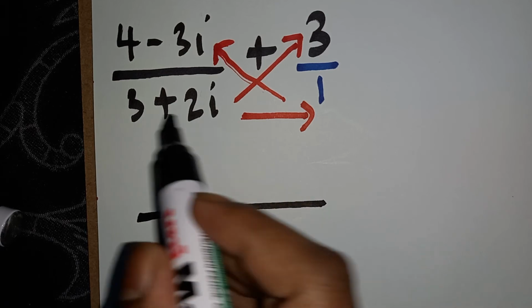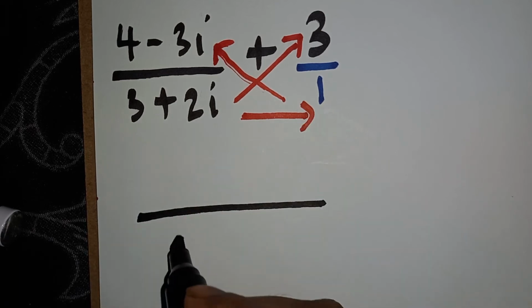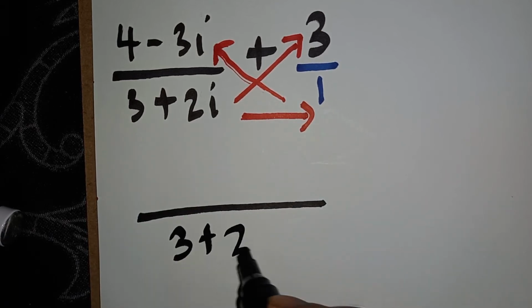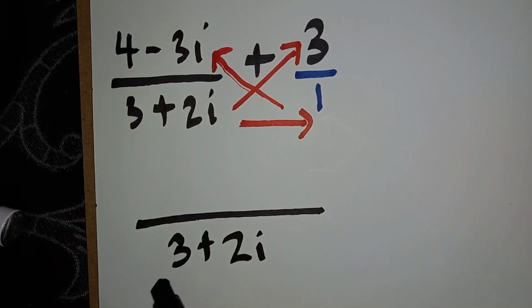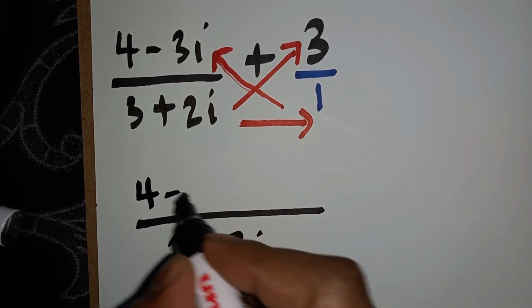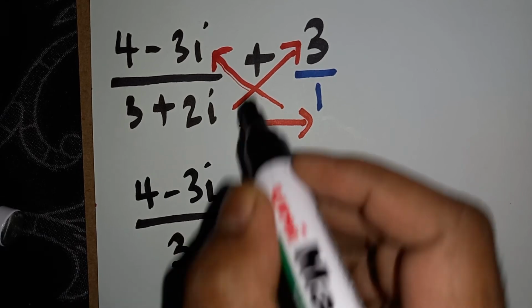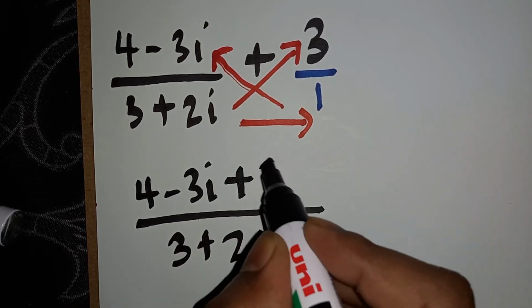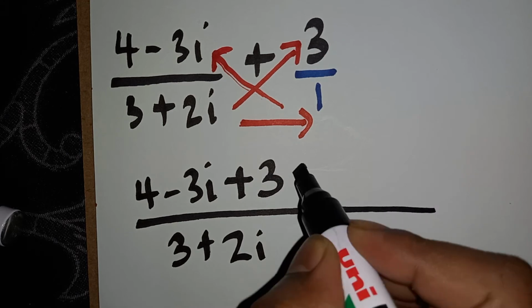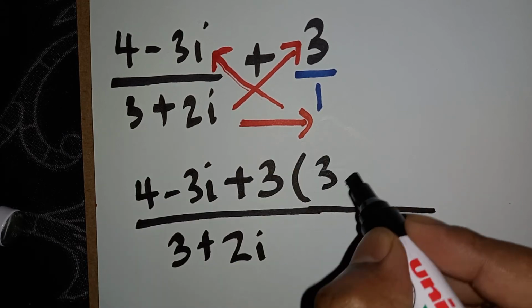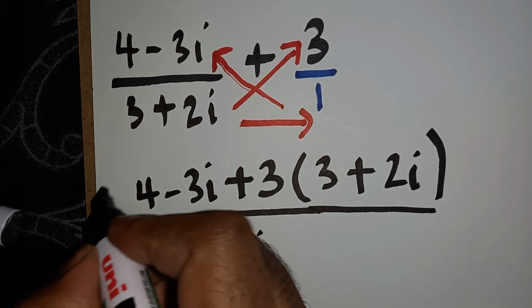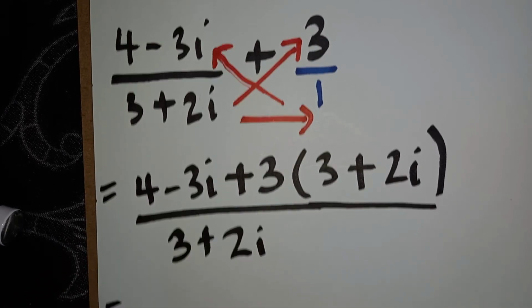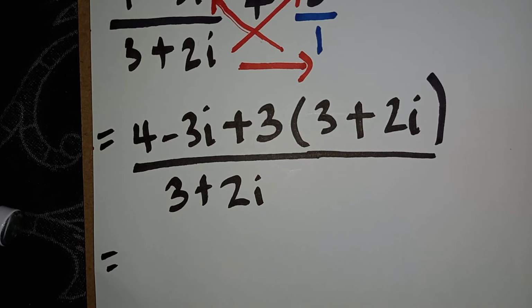So the common denominator will be this times that. We'll have 3 plus 2i, and then 1 multiplying with 4 minus 3i, you'll get 4 minus 3i, and then you'll have plus 3 into 3 plus 2i. Now from there, you're going to simplify.